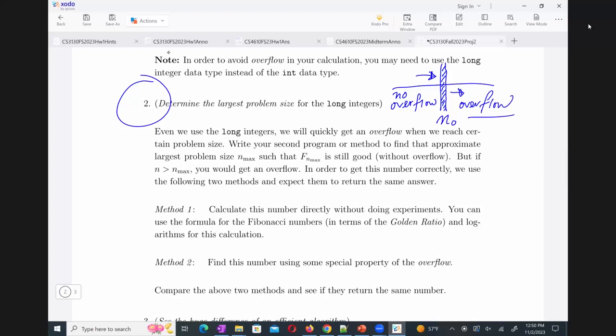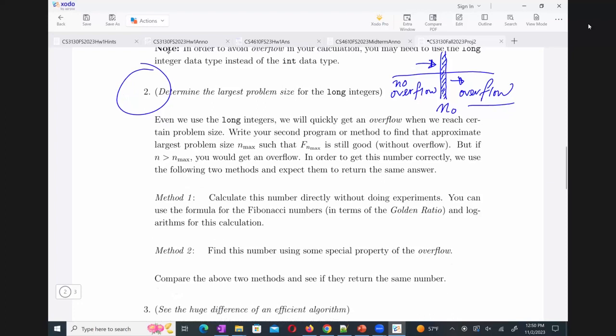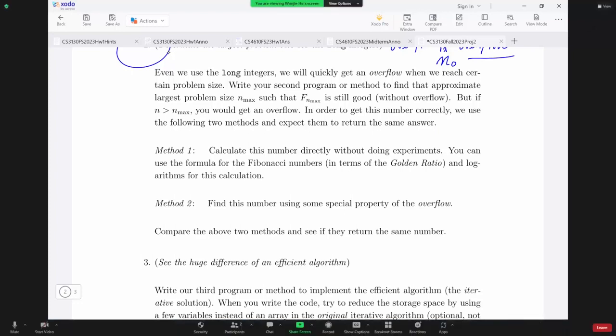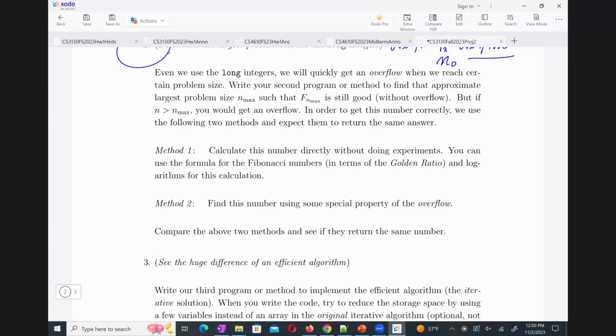Here, I ask you to use 2 different methods to find that point, that line. First, through formula calculation. We have the Fibonacci formula. Can you use the Fibonacci formula to find that number? Method 1. It is not complicated, so let me explain the formula here.